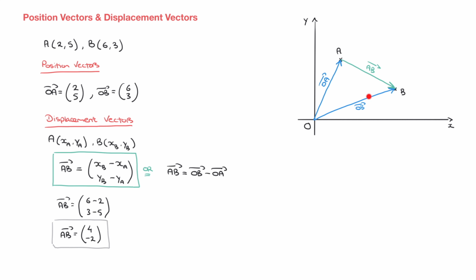In other words, OB minus OA equals the vector which tells us how to get from point A to point B, which is the vector AB we're trying to find.